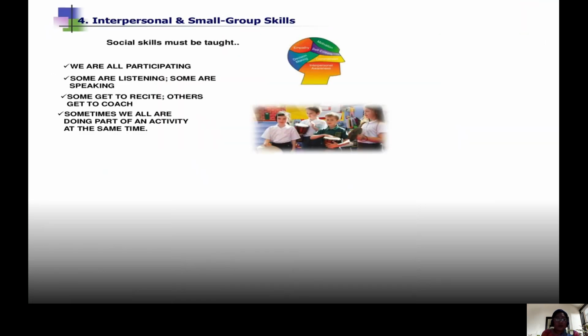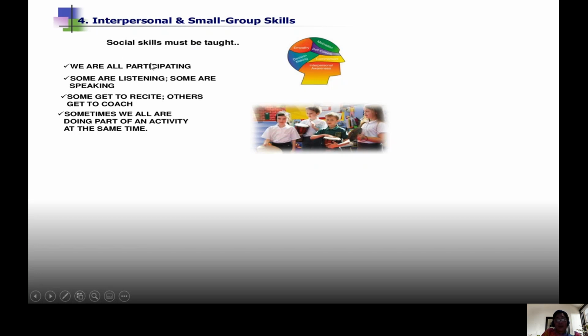Okay. And the fourth one is the interpersonal and small group skills. So basically, it is more on social skills must be taught. So we are all participating. Some are listening, some are speaking, some get to recite, others get to coach. Sometimes we are all doing part of an activity at the same time.